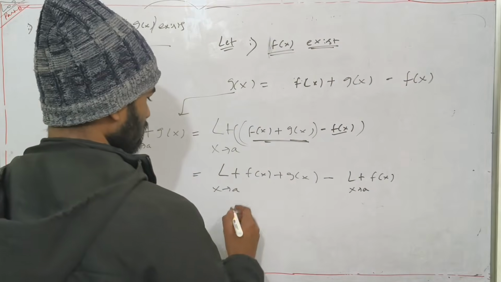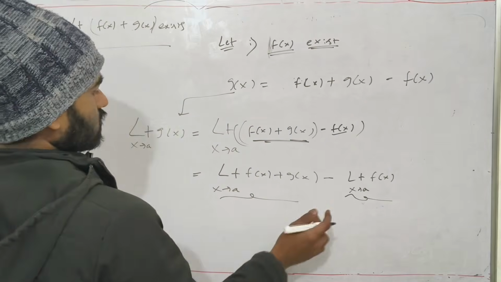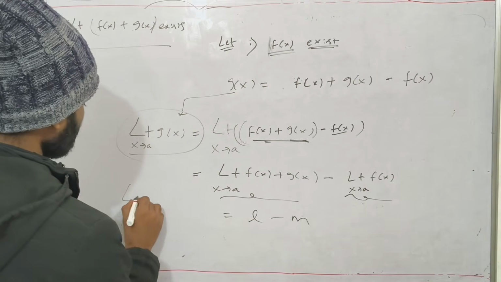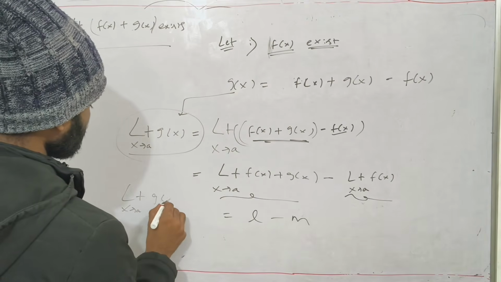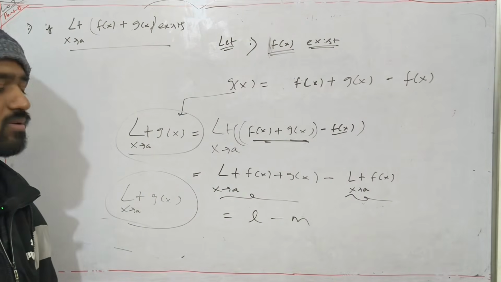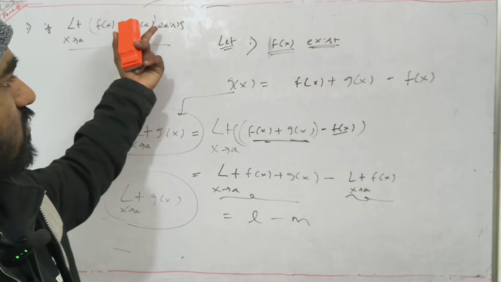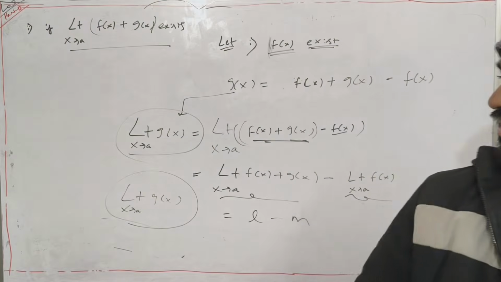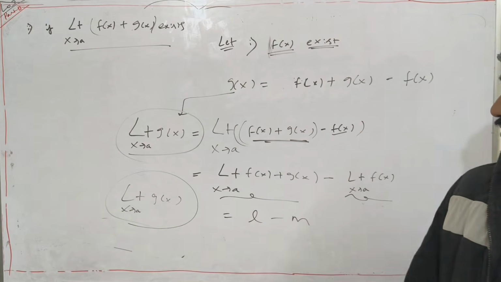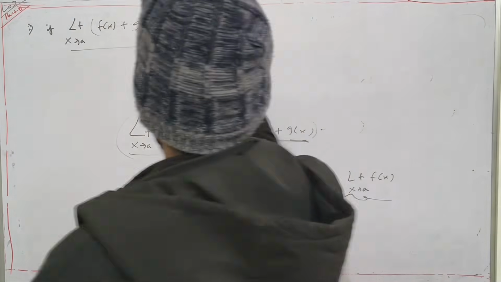So since these both exist individually, this is L, this is M, then we can say left hand side limit x tends to a g of x equals L minus M, means limit x tends to a g of x must exist. Okay, this is a proof. It means if f of x plus g of x exists and f of x exists, then the second function g of x must exist. This is a proof. Okay, so chalo.